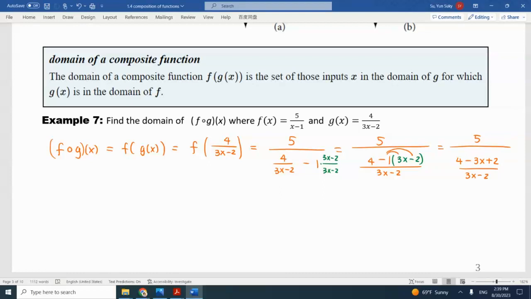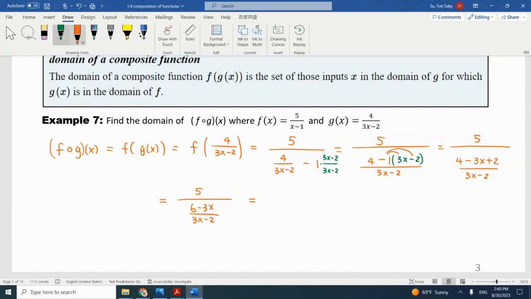Is that okay, everybody? Alright, so keep going. 5 over. Let's combine the like terms. What is 4 plus 2? 6. So we have 6 minus 3x over 3x minus 2.